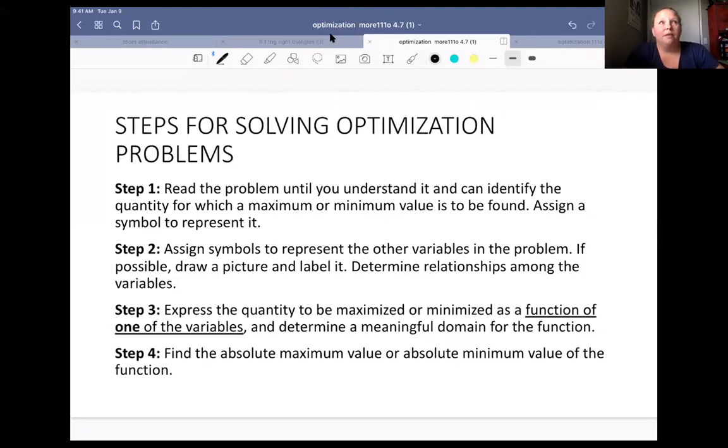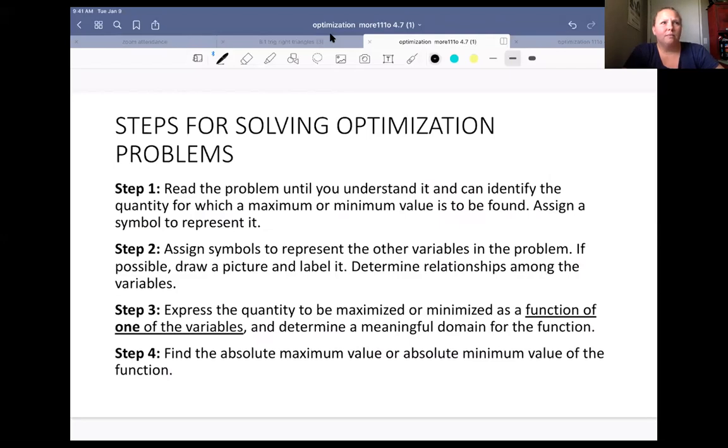So this is going to be more like, I have so much fence that I want to build a rectangular area, and what are the dimensions to maximize area? Or I want to make this can and I want to minimize the cost of the materials to make it.